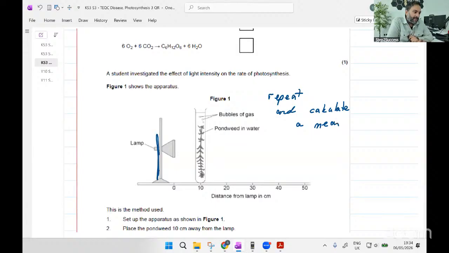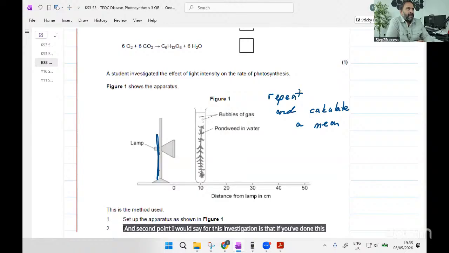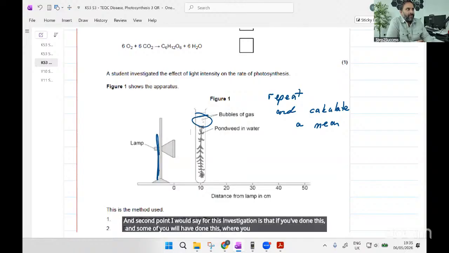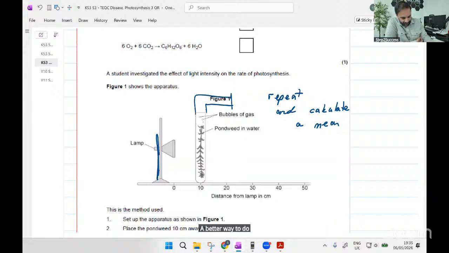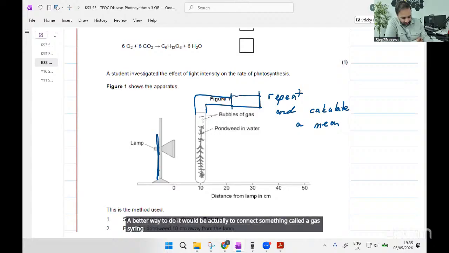A second point for this investigation: some of you will have done this, where you count the number of bubbles you see for a minute. Counting bubbles is not a great way to measure this, because sometimes you can't see a bubble, it's very small. A better way would be to connect something called a gas syringe, which will give you a more exact measurement for the gas produced.